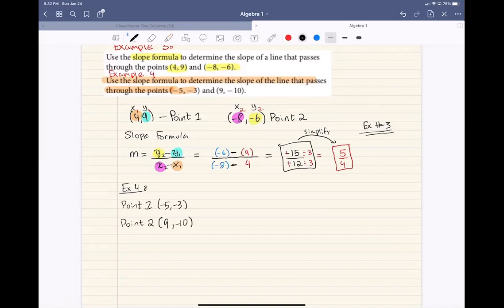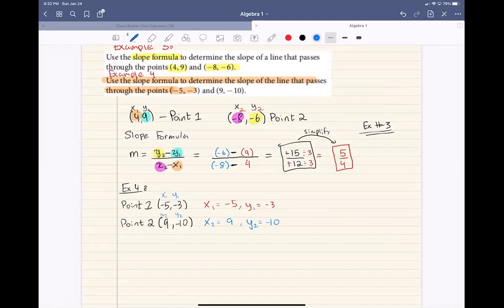One thing I'm going to do is rewrite this problem, right? So x1 is going to be -5. y1 is going to be -3. And x2 is going to be 9. y2 is going to be -10, right? I just rewrote this, because this is x1, y1, x2, y2.